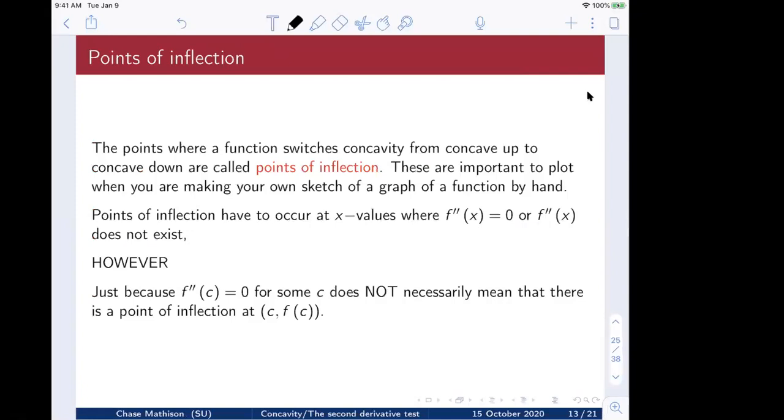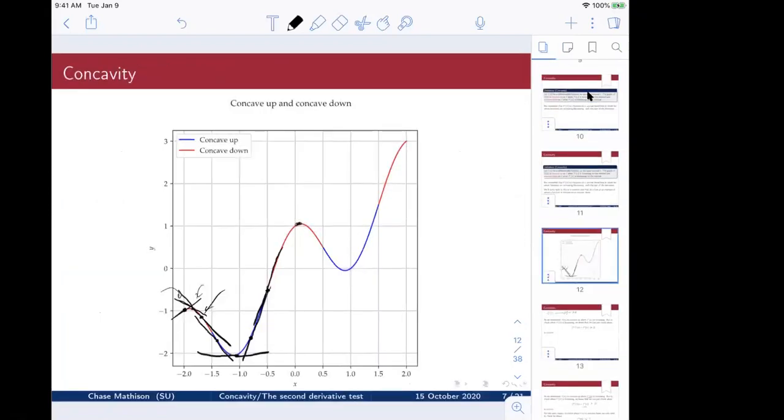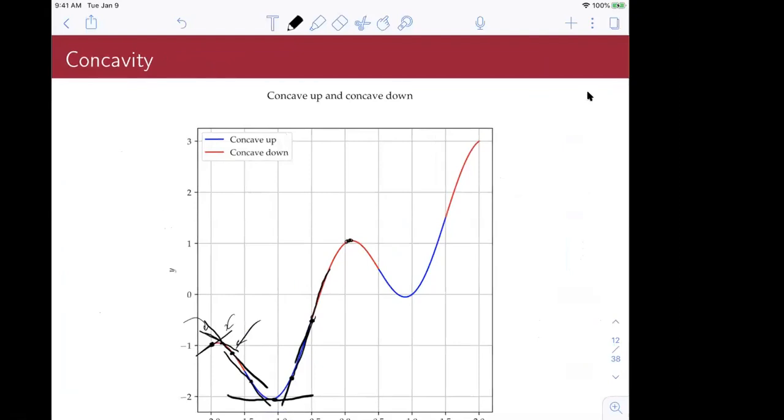If I come back to the graph back here, points of inflection are where this graph switches from red to blue. It's where the graph switches from concave up to concave down. People say where the graph is concave up, the graph will hold water, and where the graph is concave down, the graph would spill water out, if you imagine this graph of a function as a weird sort of cup.